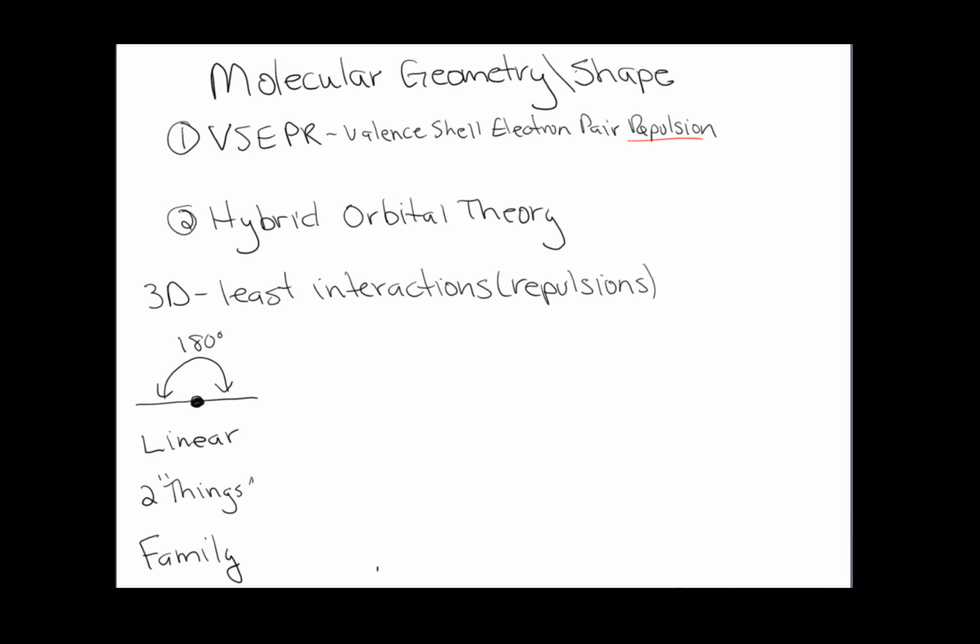All right. The next one would be 3 things around it. So 1, 2, and 3. Oh, well, that makes kind of a triangle. So that's going to be 120 degrees, and it has 3 things.